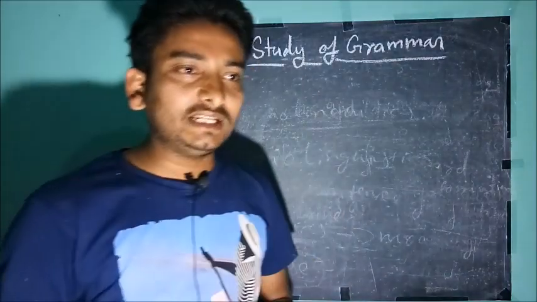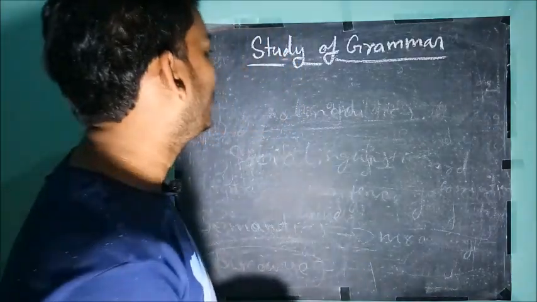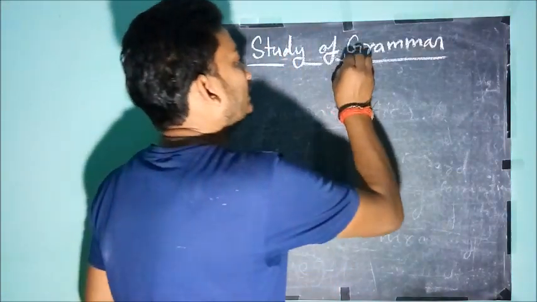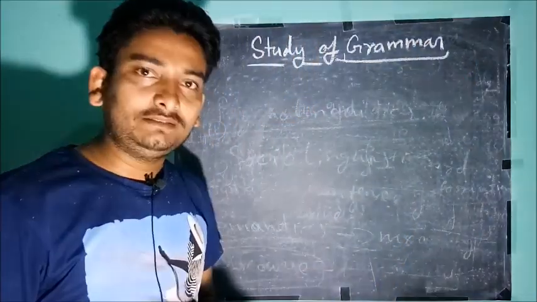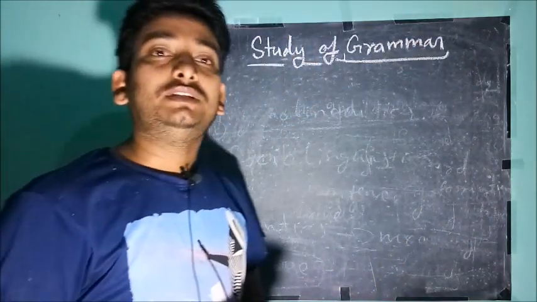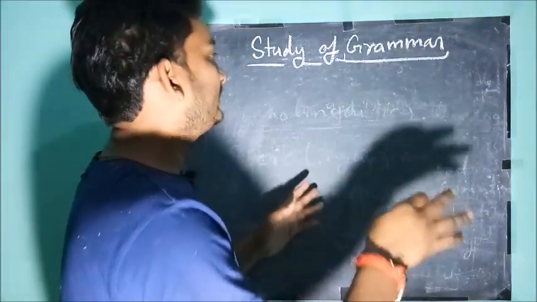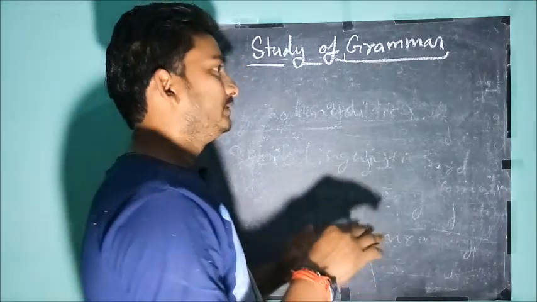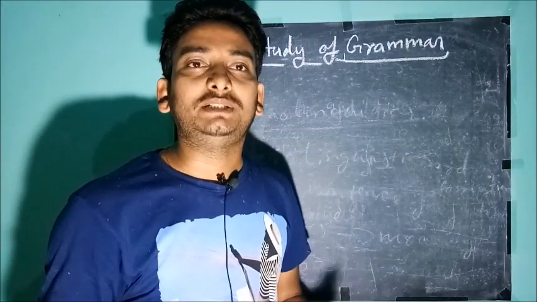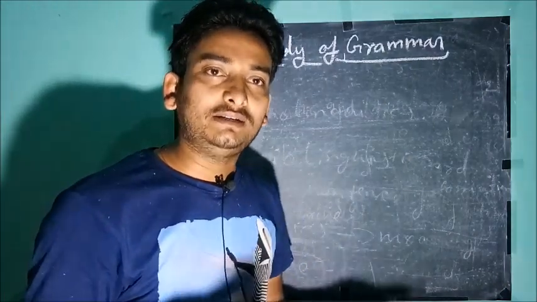Guys, any language must have grammar. So first of all, we should know what grammar is. If we define it, grammar is a set of rules that make language acceptable, meaningful and understandable.